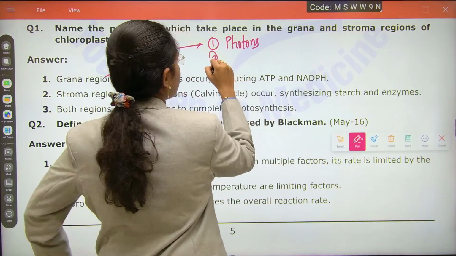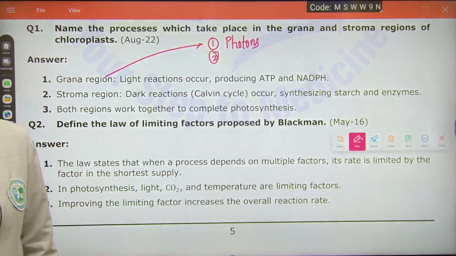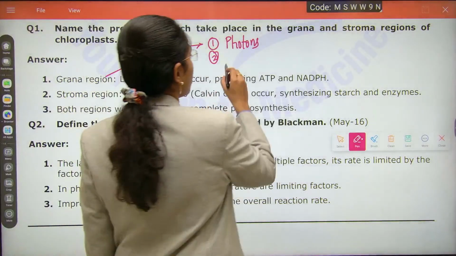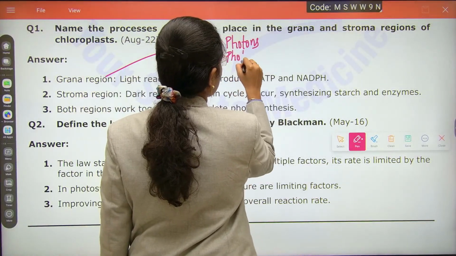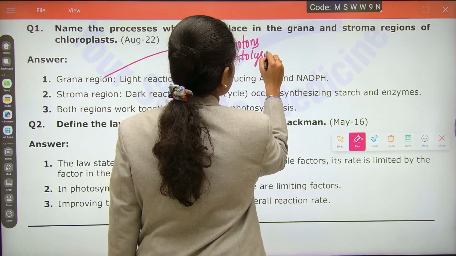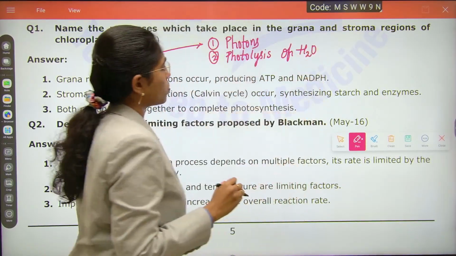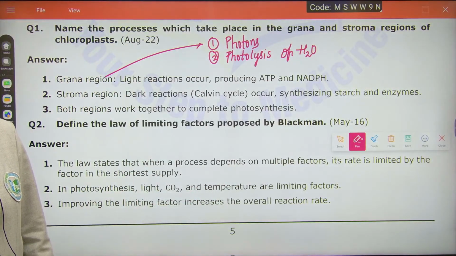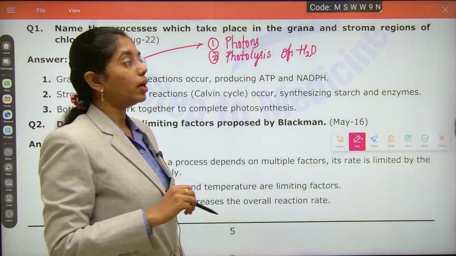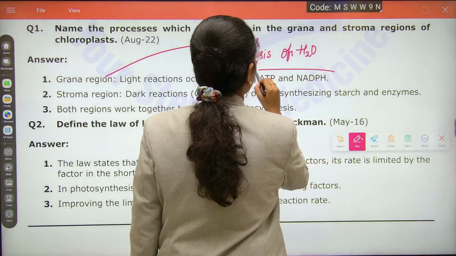Next, inside the grana thylakoid lumen, photolysis of water takes place. And last is the formation of assimilatory power, that is ATP and NADPH.